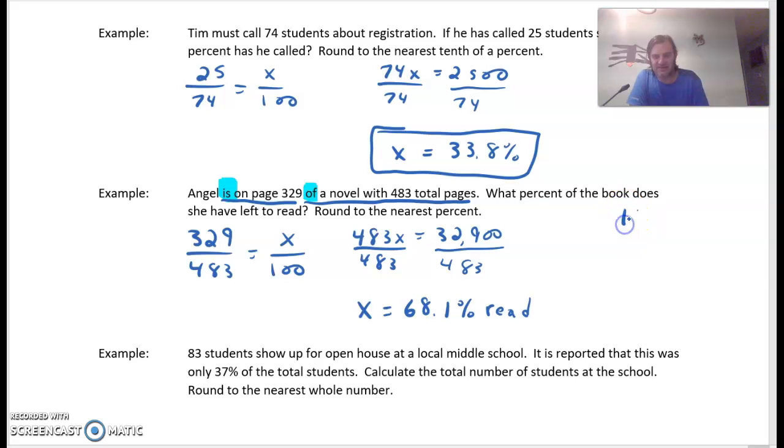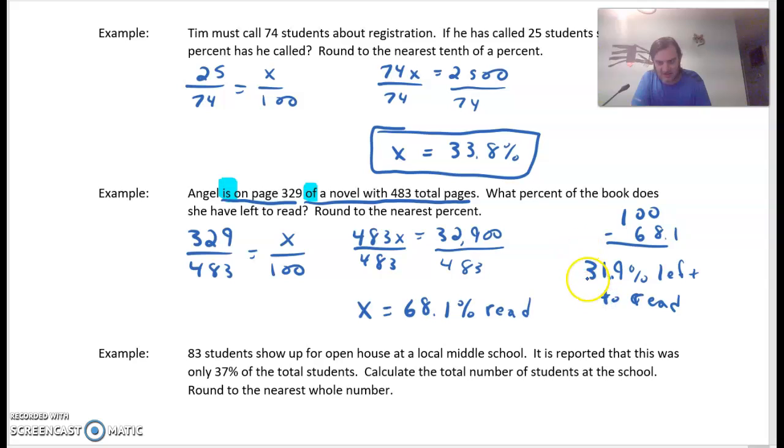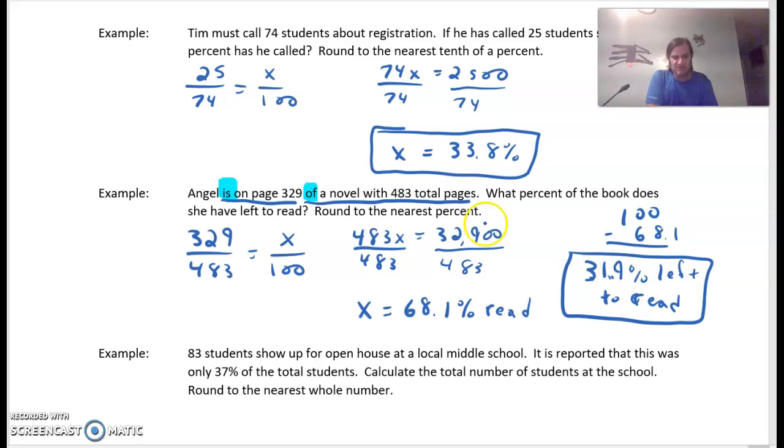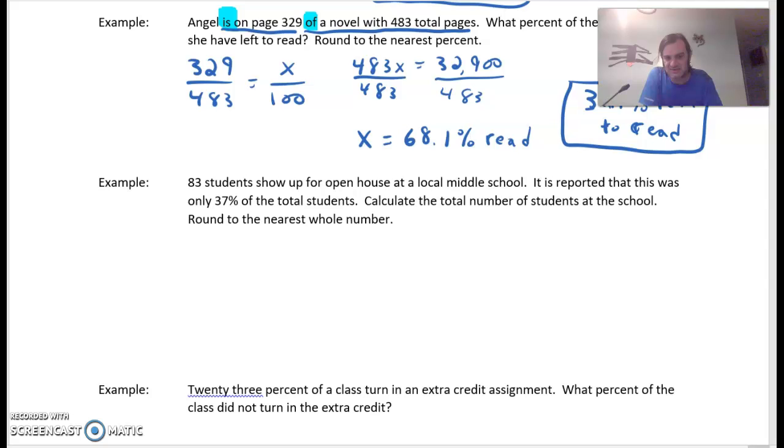Remember that the percent is out of 100. So if you take that percent out of the 100, 100 minus 68.1, we have 31.9% left to read. Sorry about the mess there. So we found out how much she has read. We found out also how much she has left to read.